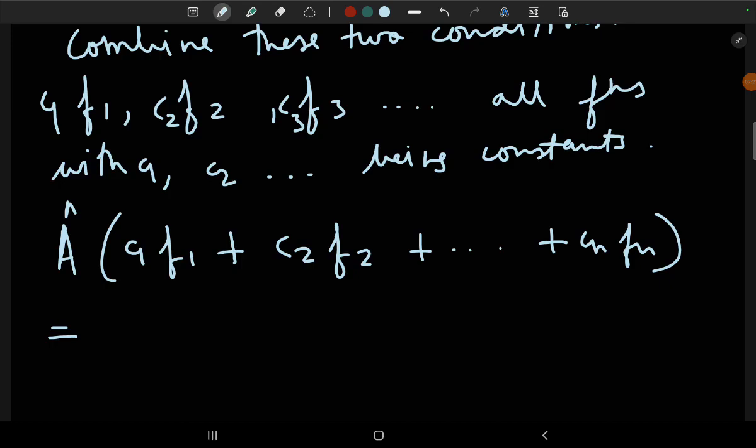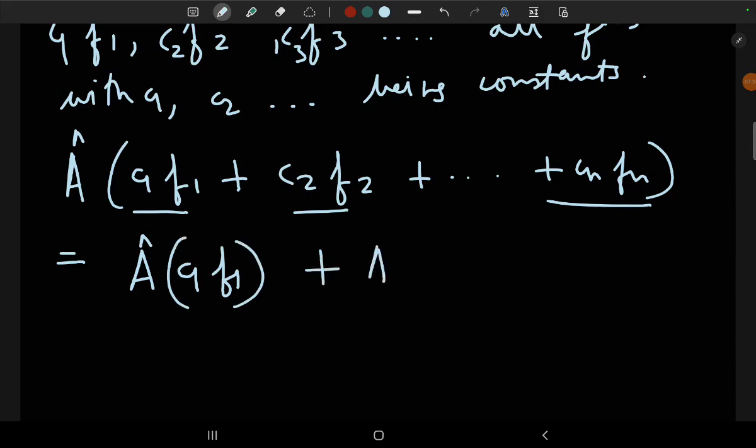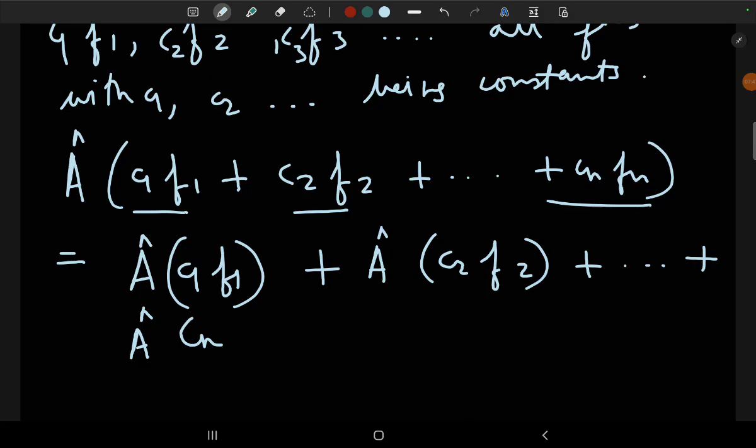Obviously these are all functions, so by the first property of linearity we can write this as A c1 f1 plus A c2 f2 plus dot dot dot plus A cn fn.